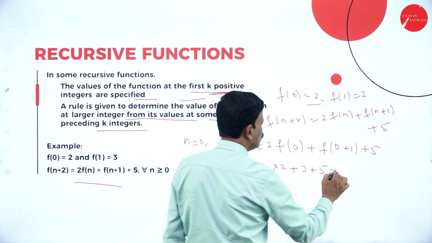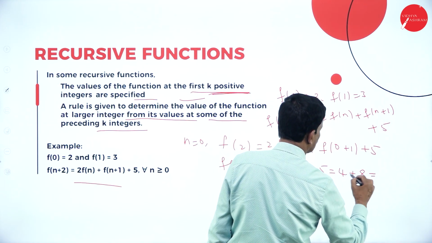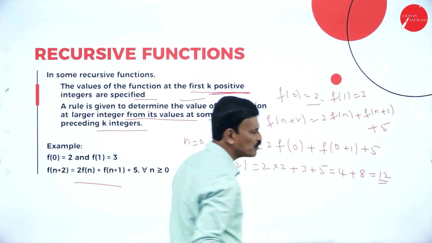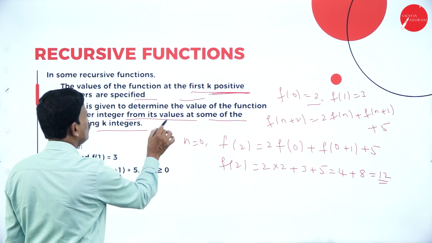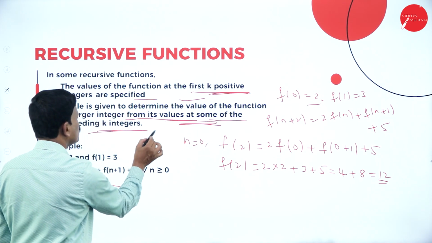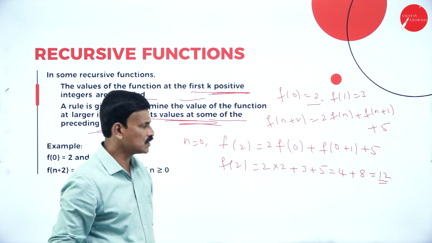So this is equal to 2 into 2 is 4, plus 3 plus 5 is 8. 8 plus 4 is 12. So that is how the value of the function at a larger integer from its values at the preceding k integers is obtained. So this is how we are going to get the solution.